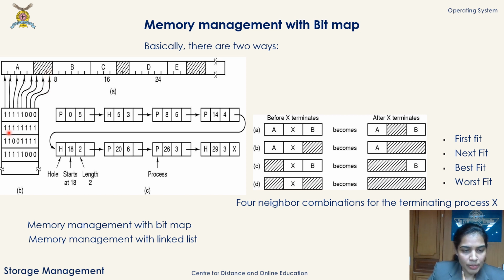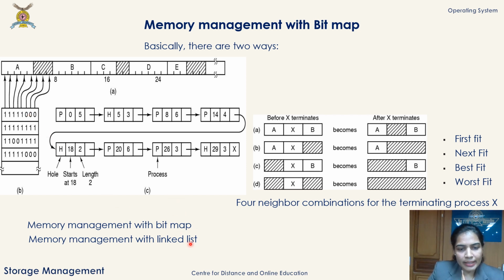Again after that, you can see multiple ones, and they are for B and C. There are 2 zeros for this free area. In this way, memory that is occupied and memory that is free is represented with the help of this bitmap. It will have only the numbers 0 and 1.